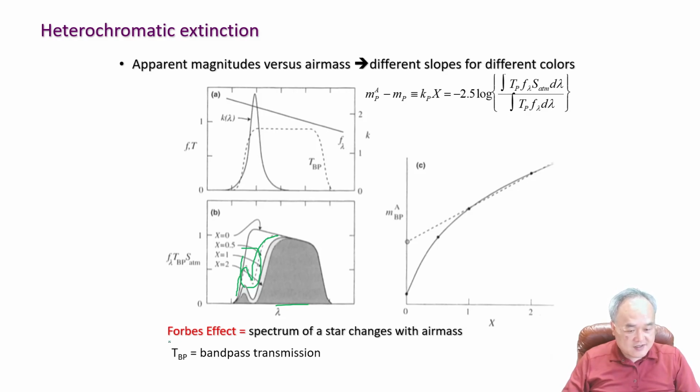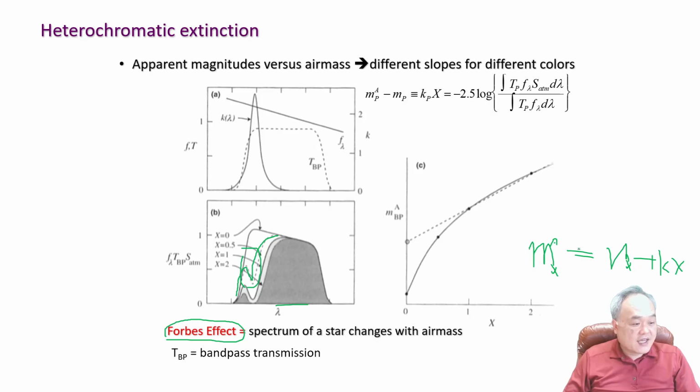This is known as the Forbes effect. The spectrum of your target seen through the atmosphere changes with air mass. So that means the m sub lambda of A is m sub lambda plus k of x, right?